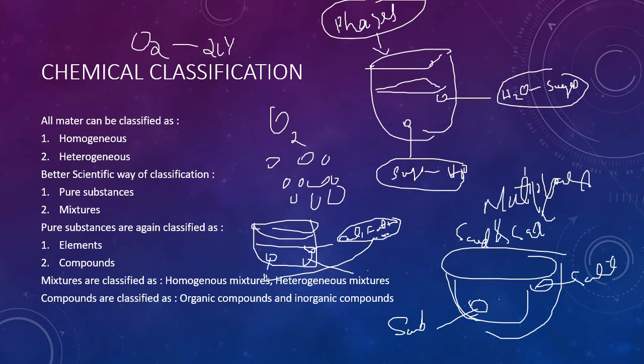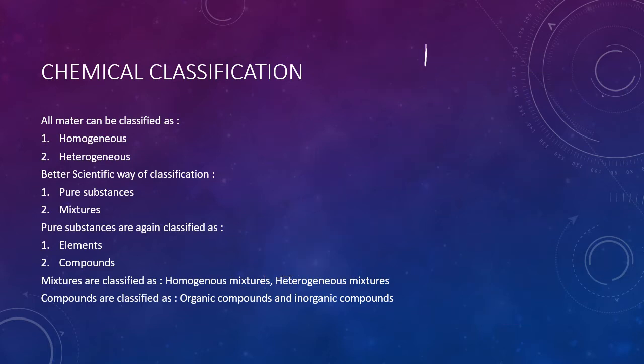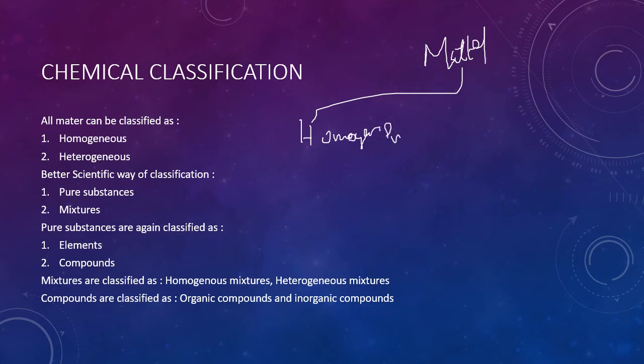All right. So on the basis of phase, we started to categorize matter as homogeneous and heterogeneous substances in the beginning. But then we found that this is not a proper classification. Homogeneous substances are those having only one phase.